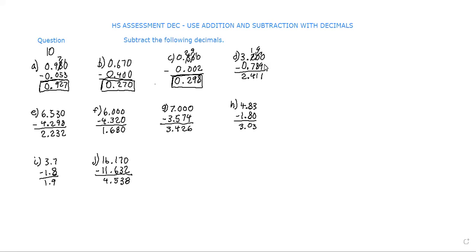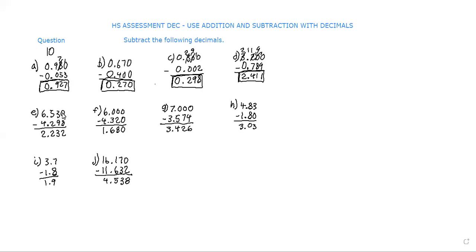So 10 minus 9 is 1. 9 minus 8 is 1. And now we have to borrow another 1 because we cannot subtract 7 from 1. So we borrow that one. Now we subtract 7 from 11. That's going to give us 4. And then we have 2 minus 0, which is 2. So our answer is going to be 2.411.